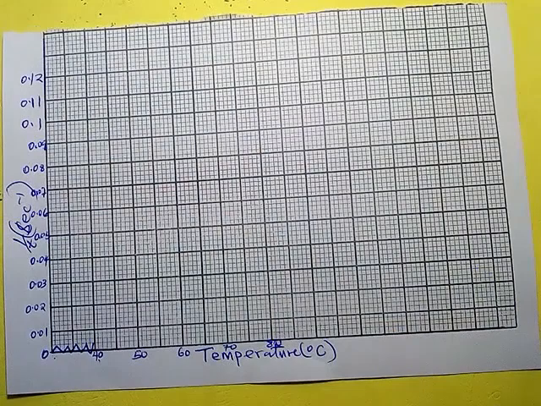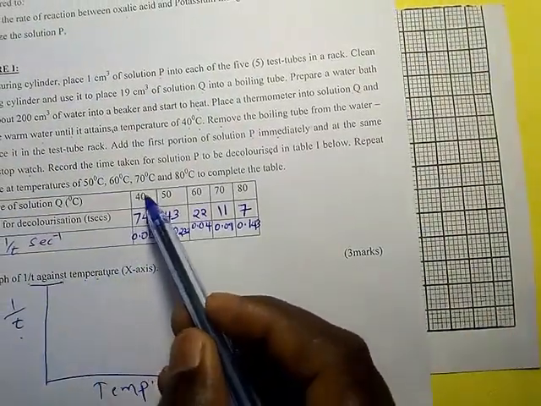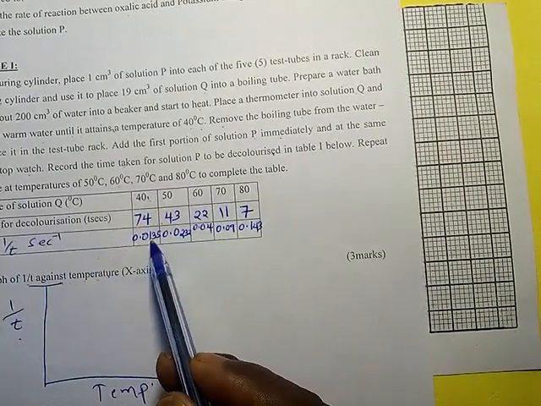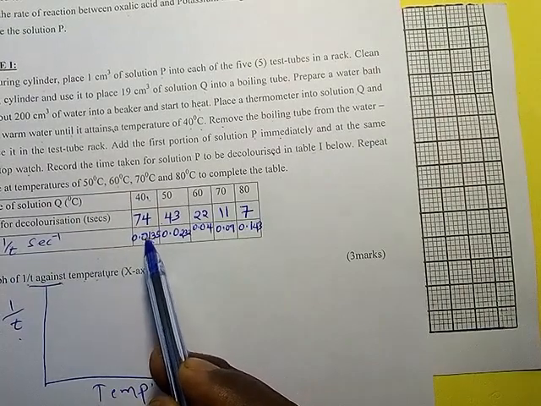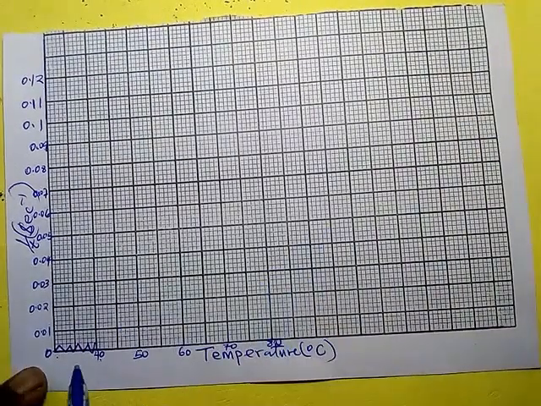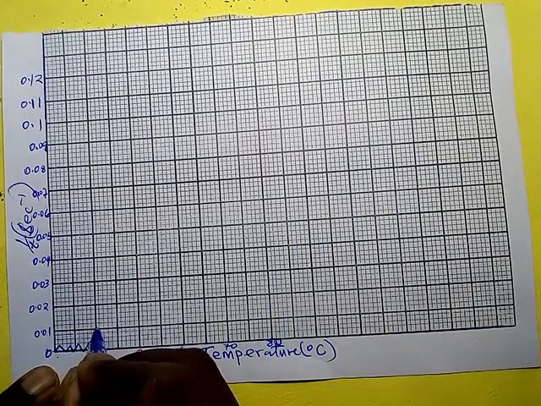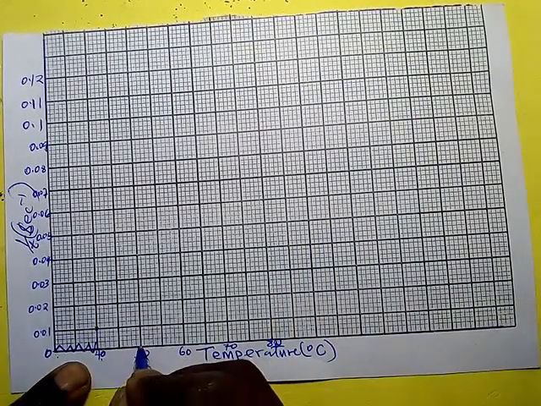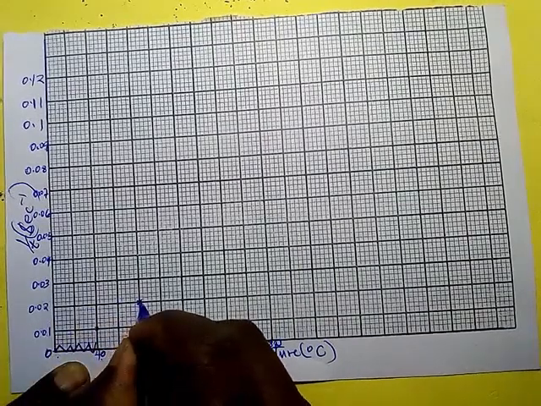Now using our values, when temperature is 40, our reciprocal 1 over t is 0.01. So we are going to take 1 because this cannot affect it. If we round off, it will remain 0.01. So when temperature is 40, our first point is here. When temperature is 50, it is 0.02, 0.02 there.